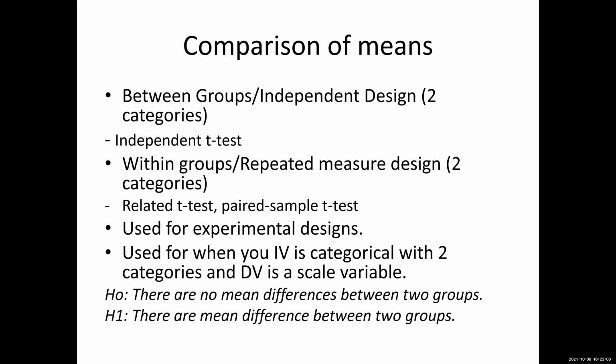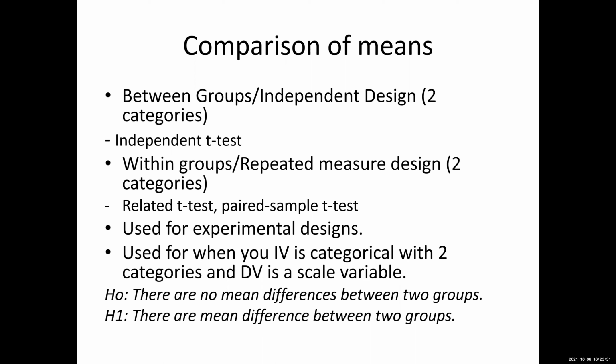For example, nowadays we are talking about COVID. If you are talking about the effectiveness of a vaccine, you can have two groups: one group which has been administered the vaccine, and a second group which has not. At the end, you can measure their general health, or the probability or actual condition of whether they got COVID or not.